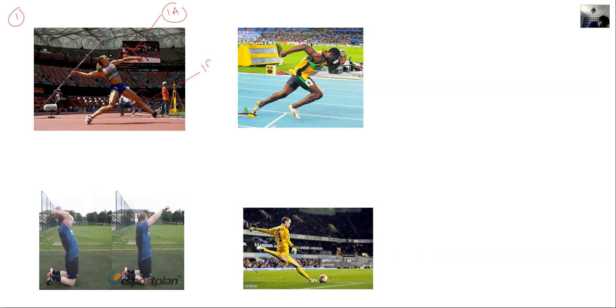We'll call that 1B. What movement is happening at the knee joint there, we'll call it 1C, and what movement is happening at the elbow joint there. Call that 1D. Really, really quickly, 30 seconds. What movements have you got for Jessica Ennis there?